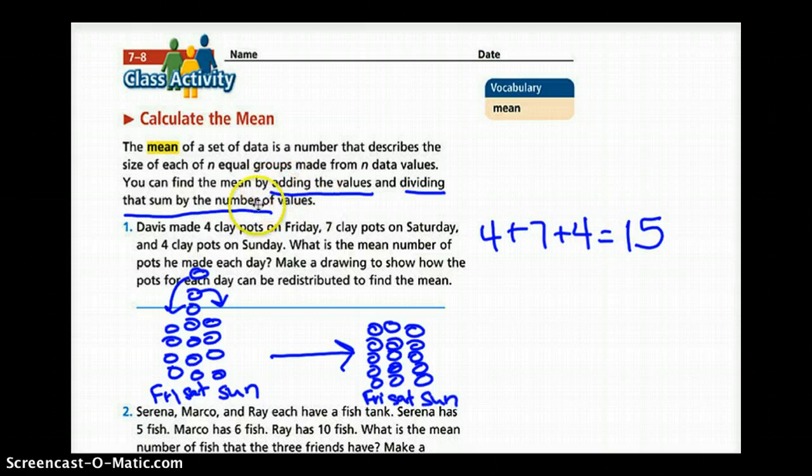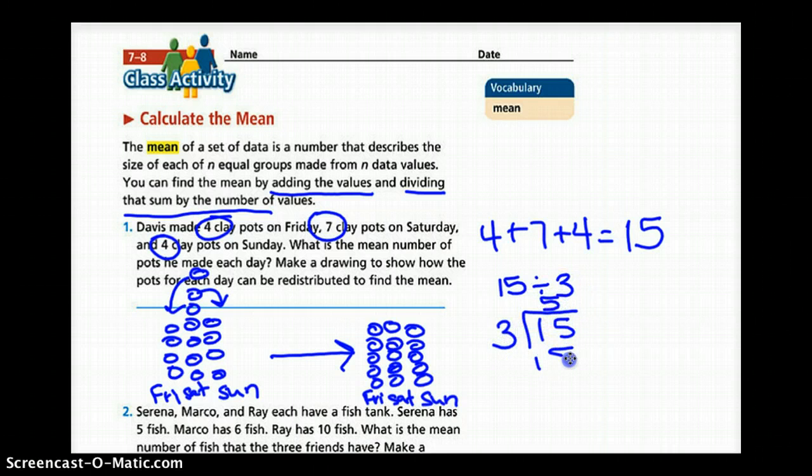There are 3 values. 1, 2, 3. So I take that total number and I divide by 3. So 15 divided by 3. 3 times 5 equals 15. Subtract, I get 0. So the average number of pots, or the mean number of pots he made each day, is 5 pots.